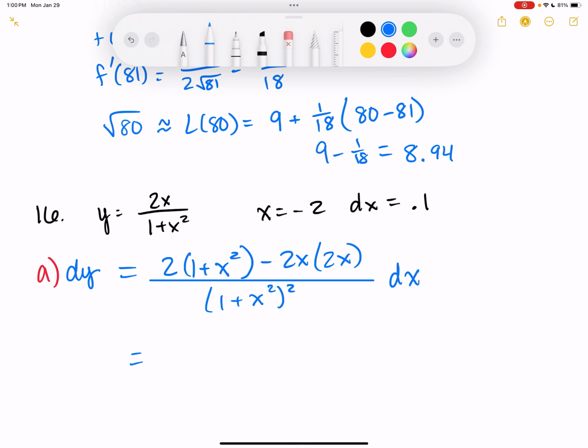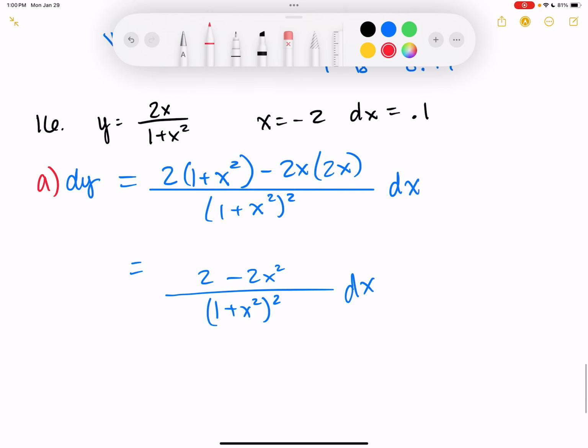So this would be 2 plus 2x squared minus 4x squared over 1 plus x squared, squared. And this is going to end up being minus 2x squared, because 2x squared minus 4x squared is negative 2x squared. So that way I'm as simple as I can. And then don't forget the dx at the end.